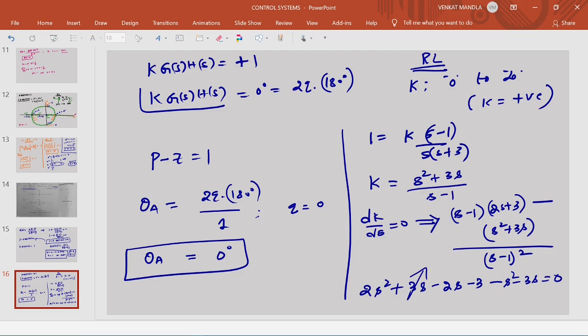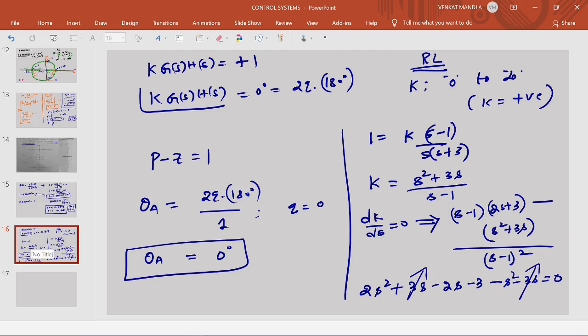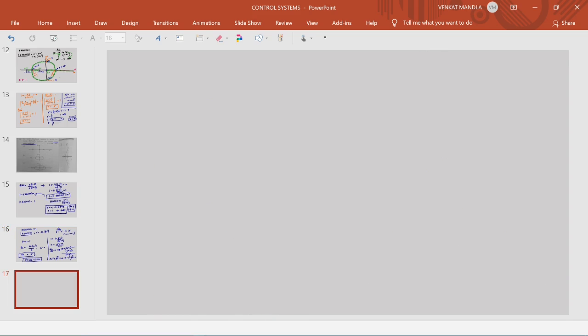So 2s square minus s square minus 2s minus 3 equal to 0. From this, s square minus 2s minus 3 equal to 0.